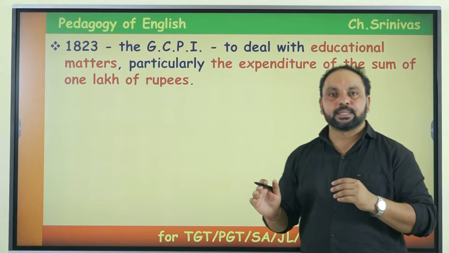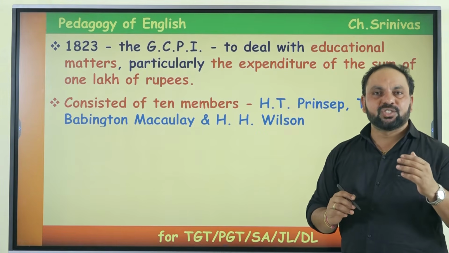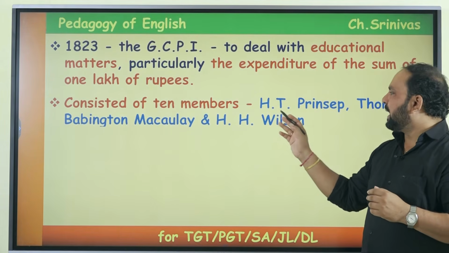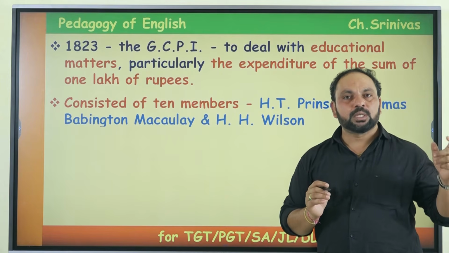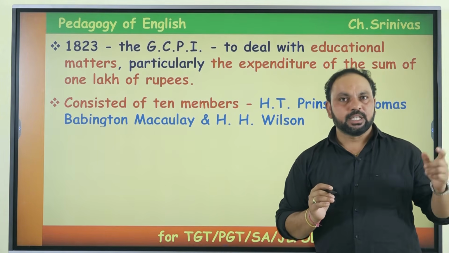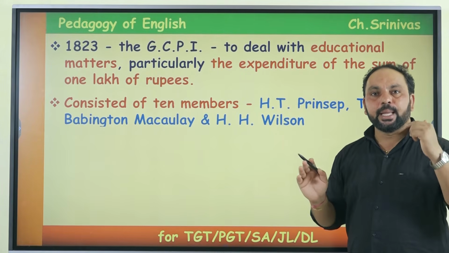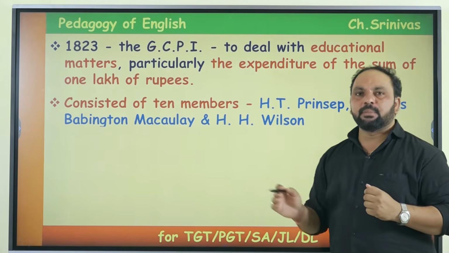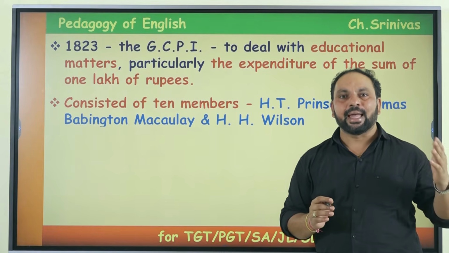And the other members, there were 10 members in this GCPI, including H.T. Prinsep, who strongly opposed the views of T.B. Macaulay. He is an Orientalist. And then Thomas Babington Macaulay, an Occidentalist, or we can call him an Anglicist.